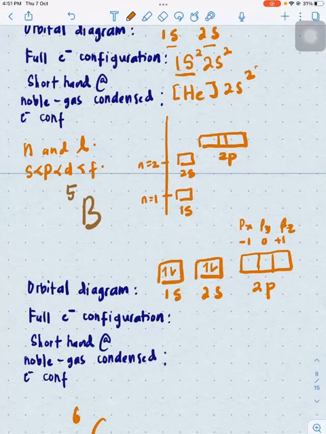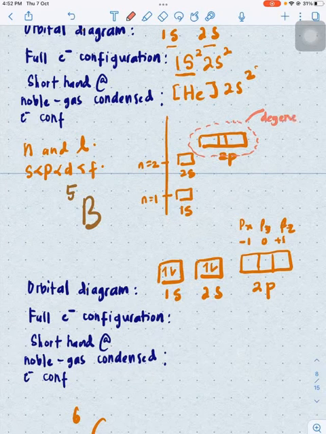Okay, and because of 2P ni, dia ada package of 3 orbital kan kat dalam ni. So kita kata this is a set of orbital with same energy level. Satu set orbital yang berada pada paras tenaga yang sama. So automatically kita panggil dia sebagai degenerate orbital.